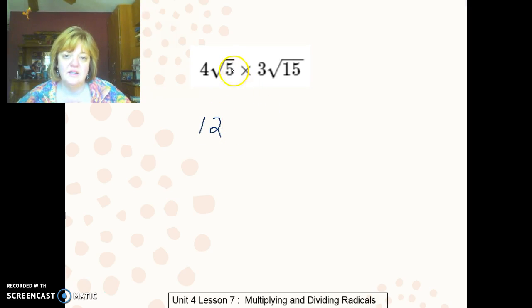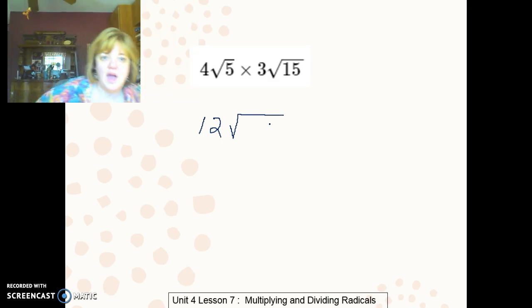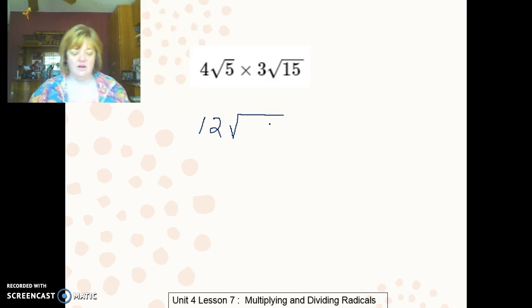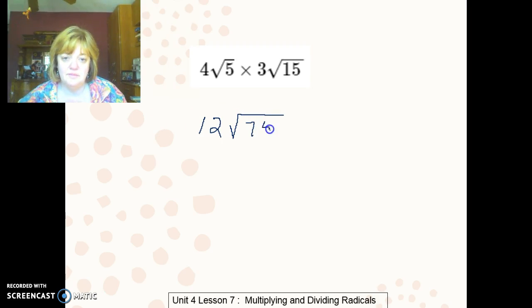And that is followed by the square root of 5 times 15. I don't have you guys here to help me, so I have to get my own calculator. One of the disadvantages to doing it this way, because I don't know 5 times 15 in my head. That is 75.